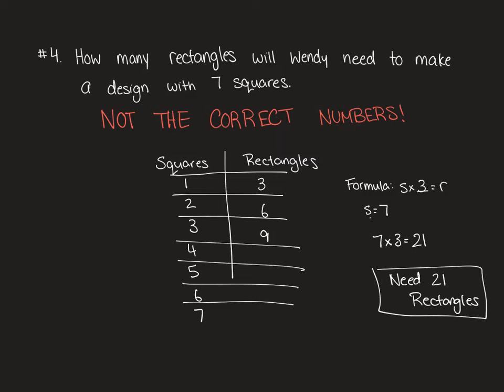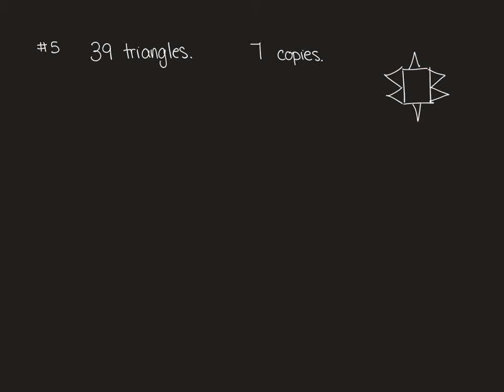And then you could go, okay, 3, 6, 9, 12, 15, 18, 21. Either way, it will give you the same answer. So remember to use the numbers for 3A, not the numbers that I have used here.